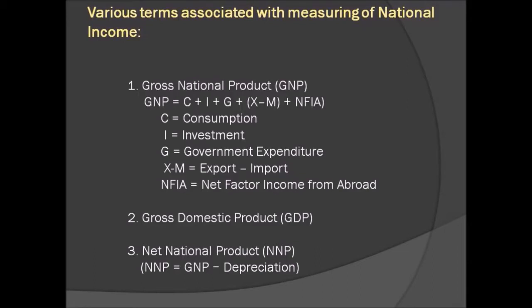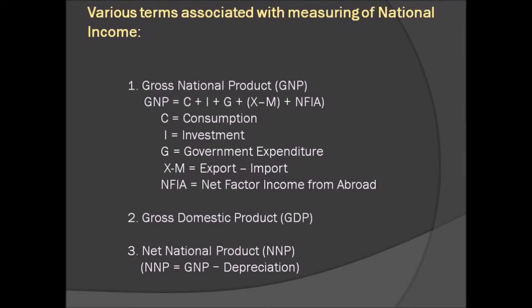The formula for calculating GNP is consumption plus investment plus government expenditure plus the difference between the export and import, and including that is the addition of net factor income from abroad. When you keenly look into this formula, it is similar to the formula which we use for calculating GDP.